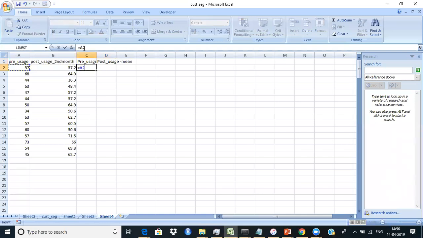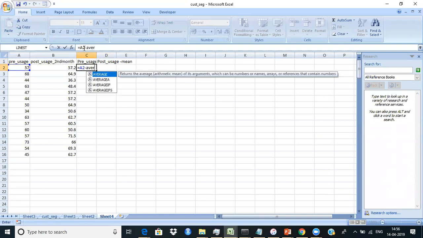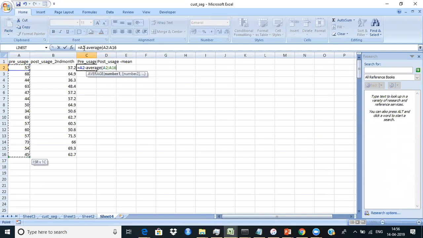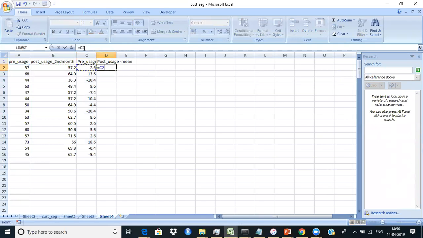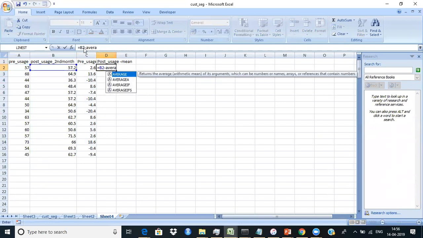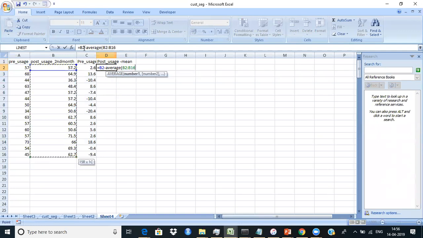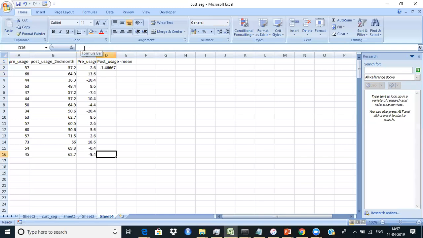So I'll do pre-usage minus average of pre-usage, and then post-usage minus average post-usage. Clear? This calculation is clear?